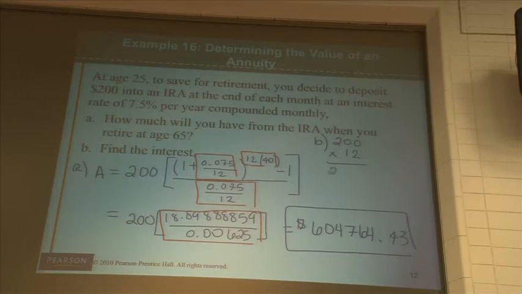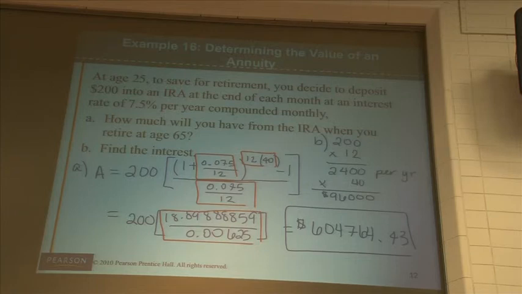So you're depositing $2,400 per year. But you're depositing this over 40 years, so you gotta multiply times another 40. Which means in total you've deposited $96,000 over 40 years.